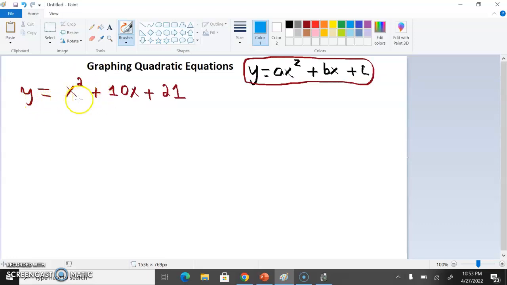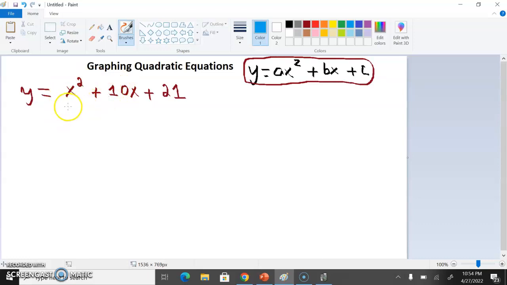Well, first things first, in order for us to graph the equation, we have to solve the equation. And to solve this equation, we have to factor it first.